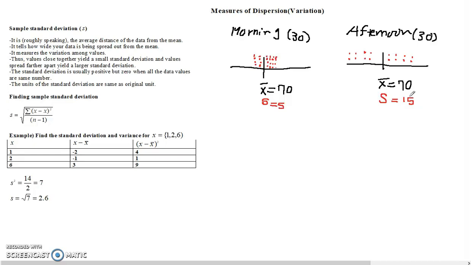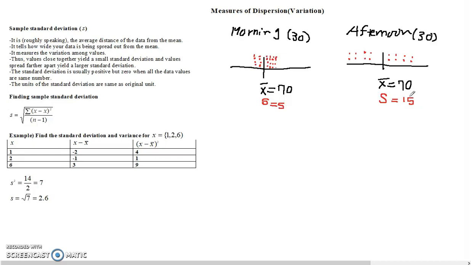When we're talking about variations, we have to understand that a small standard deviation means that the scores of your data are much closer together, and a larger variation means that they are spread out from one another.